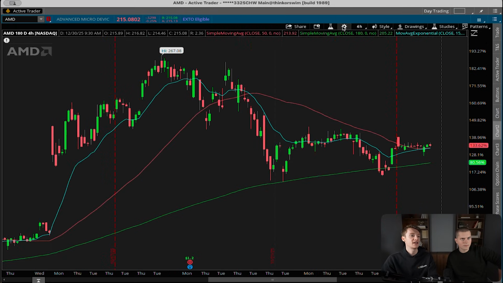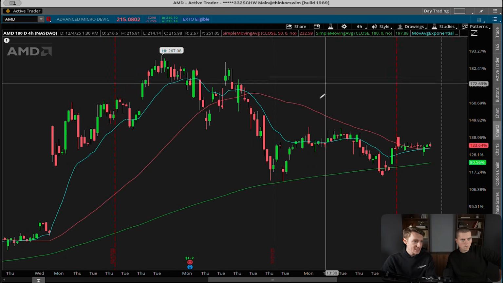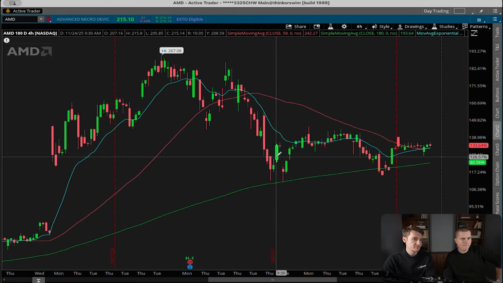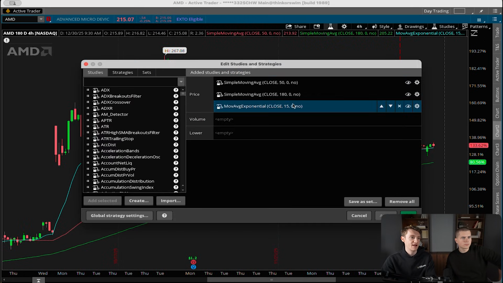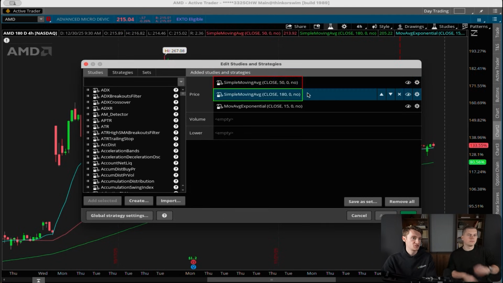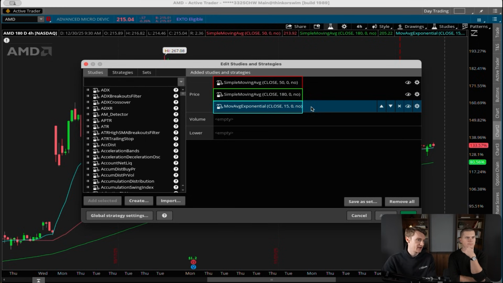So we're looking at a 4-hour chart. Each candle represents 4 hours of time. And I've gone ahead and applied these 3 moving averages. We've got 2 simple moving averages and 1 exponential moving average. The exponential is going to be more sensitive to the movements. It's going to move more rapidly. This one is a 15-day exponential moving average.